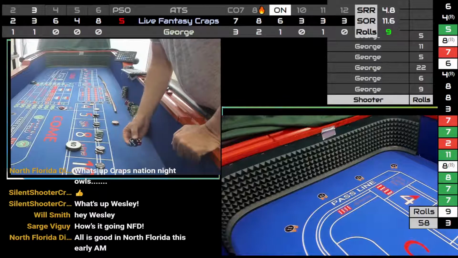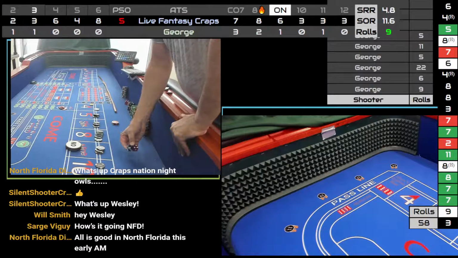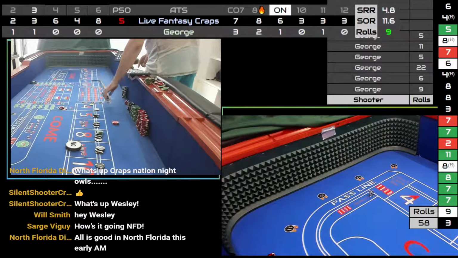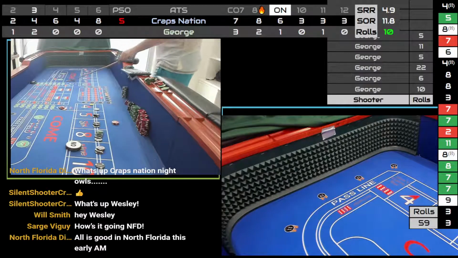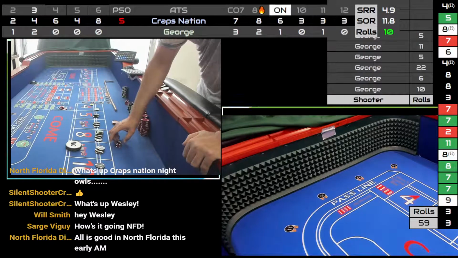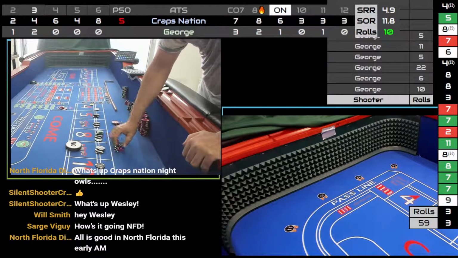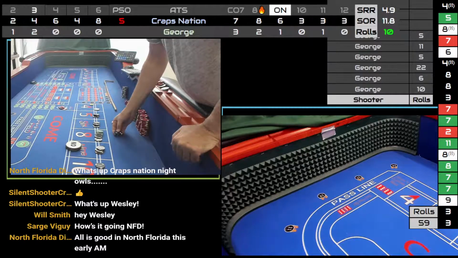Dice out. 1, 2, 3. Explosion of both dice. Glad I switched to resets. 3, 1, 3, 2. Hybrid 3, 1, 5, 3. Dice out.